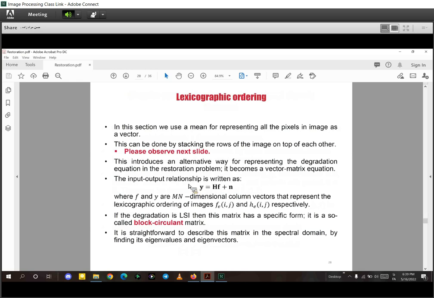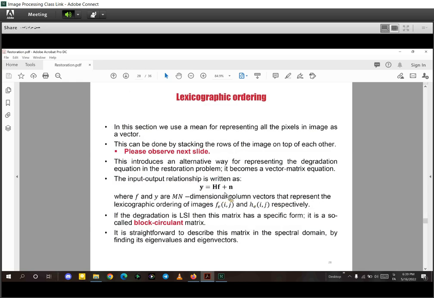This introduces an alternative way for representing the equation in the restoration problem. Okay, this item we are speaking about in this part. It becomes a vector-matrix equation.